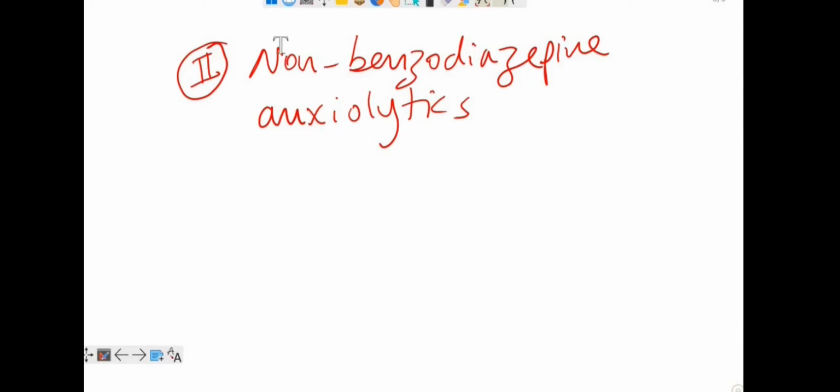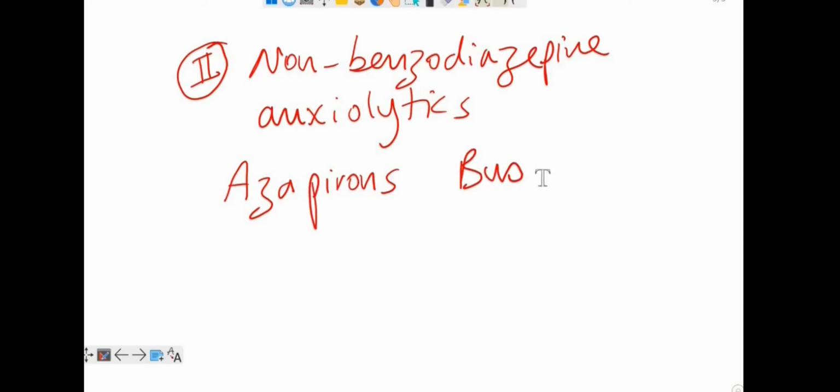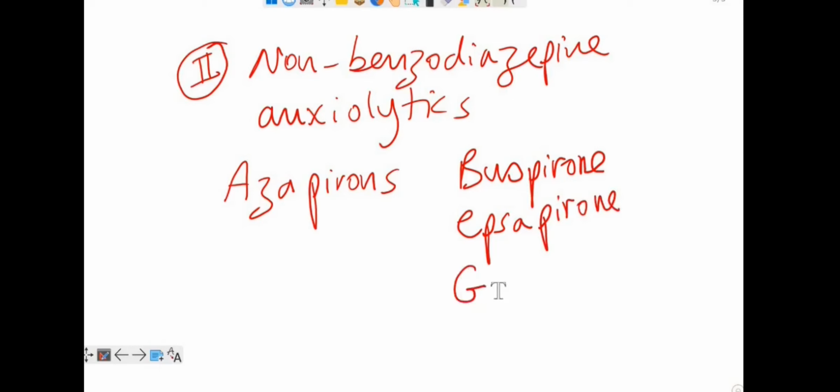The most famous are the azapirones. The most famous is buspirone, ipsapirone, gepirone, and others.